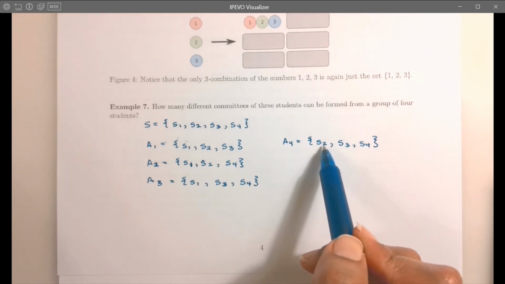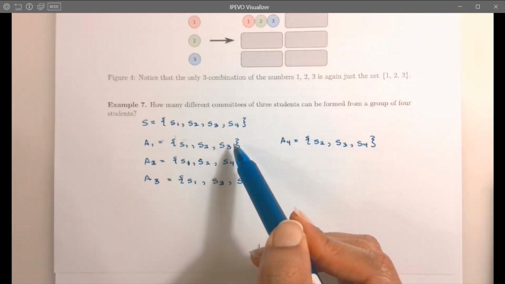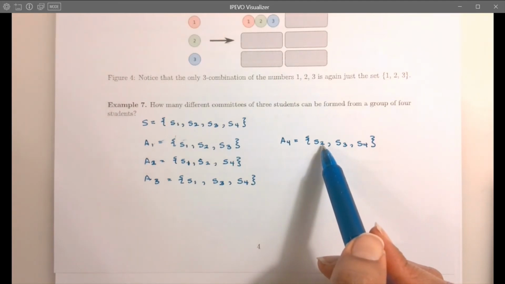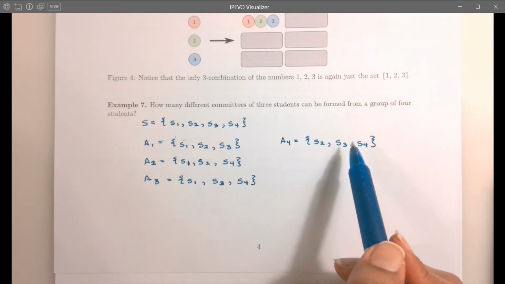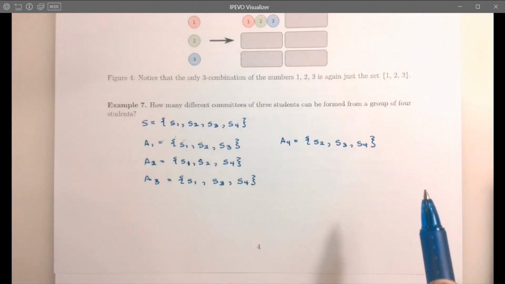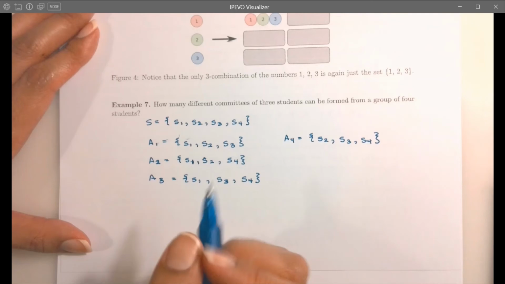For instance, if I do student 2 with student 1 and student 3, that's already accounted for here. Or if we take student 2 with student 1 and student 4, that's already accounted for here. So we only have 4 possible subsets that take 3 elements from the set S.